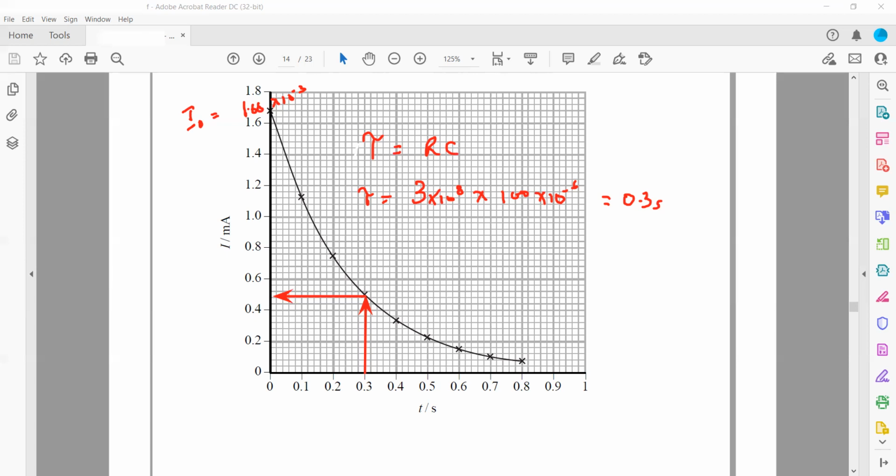So we'll just substitute the values here. We have the formula I equals I naught e raised to the power minus t over RC. The value for RC is 0.3, because this is the time it will take to discharge to 37% of its original value.